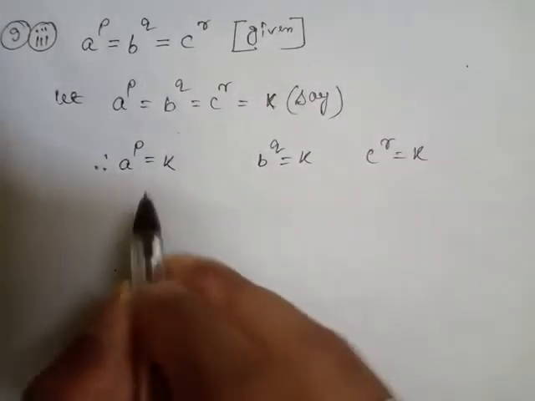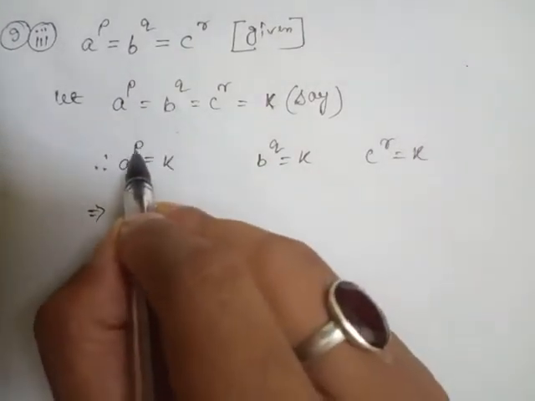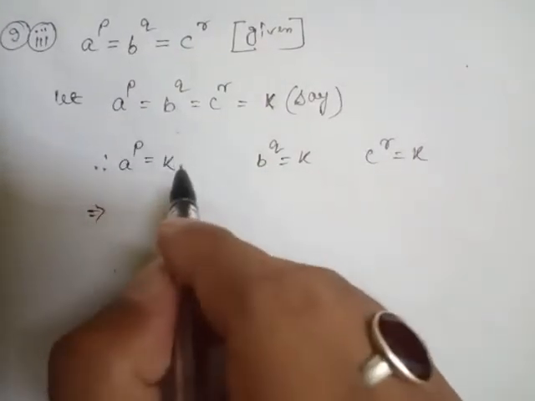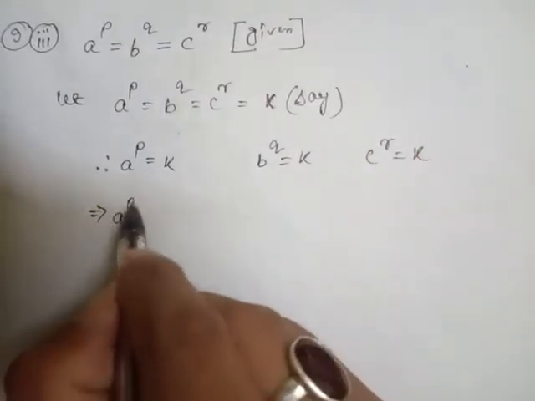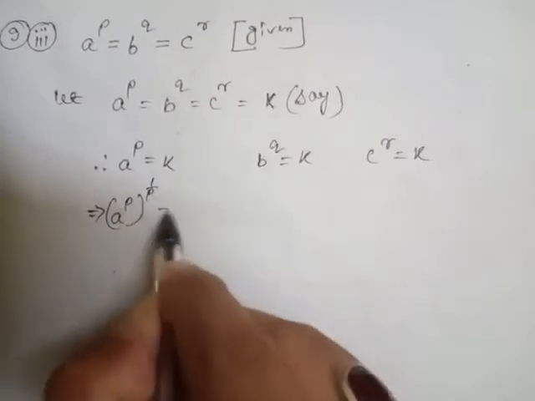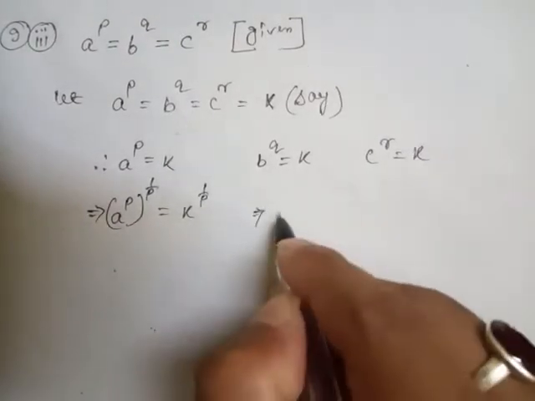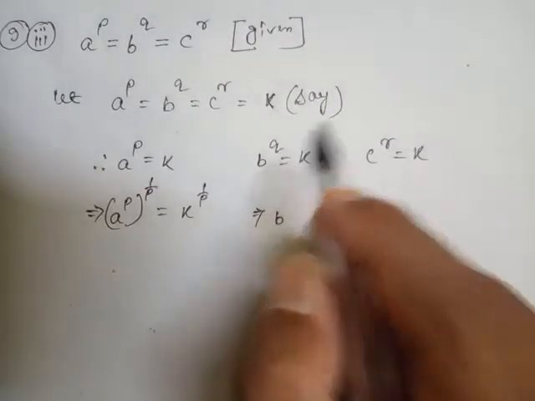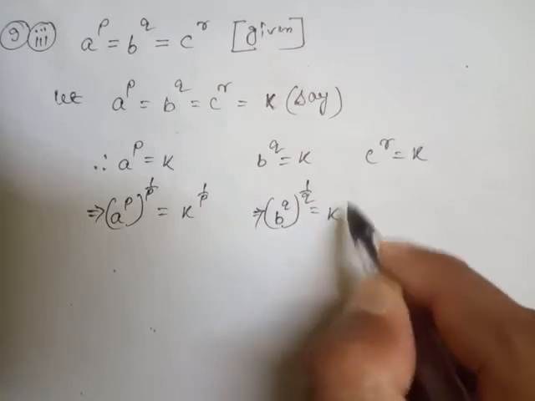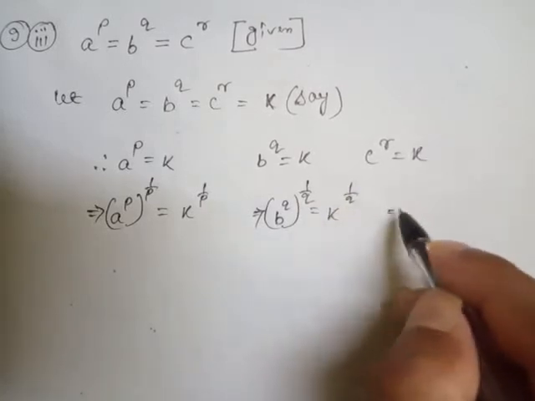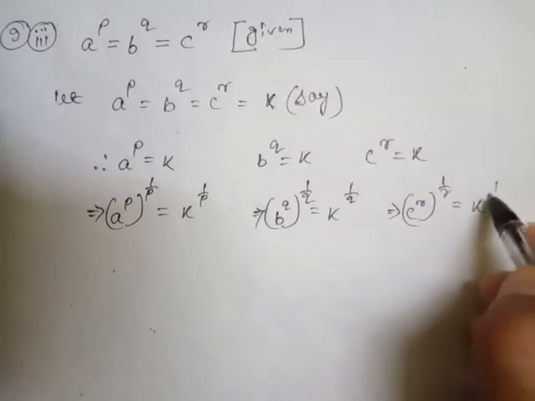Now look, if I want to cancel this power, we will multiply both sides by 1 by p. Then we get k to the power 1 by p. Similarly, if we want to cancel this q, we'll multiply both sides by 1 by q, so k to the power 1 by q, and for c to the power r, multiplying by 1 by r gives k to the power 1 by r.